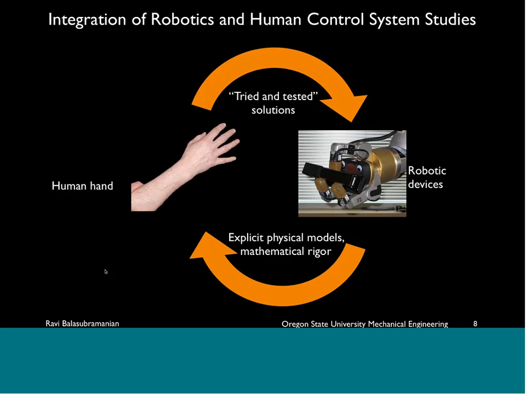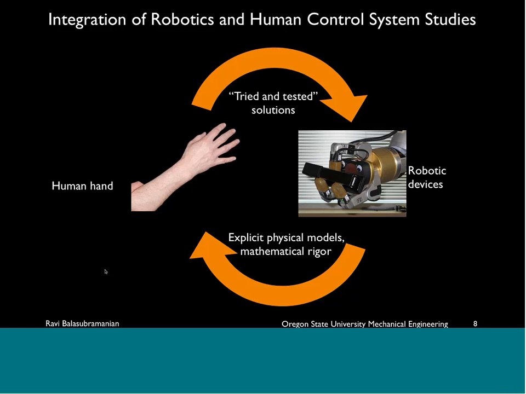As Jen was mentioning, the overall theme of work in my lab is to try to truly integrate robotics and human control system study. So we study the biological system, for example, the human hand, and try to draw inspiration and transfer the tried and tested solutions from biology into robotic devices, such as the robot hand.